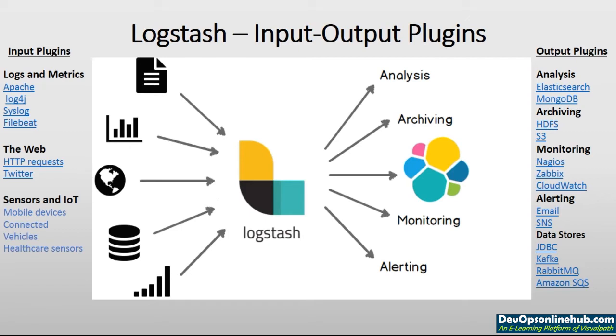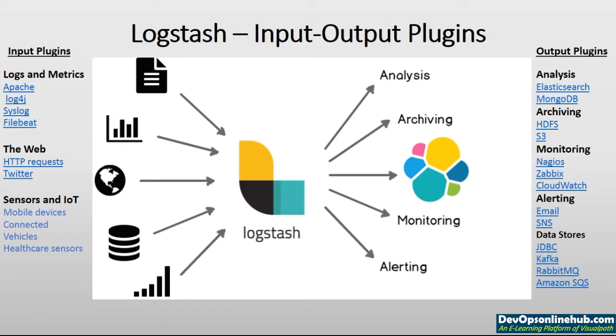Like it can accept the input from mobile devices, vehicles, or even healthcare sensors. And the input can be of any format, like it can be a database, graphs or pictures.